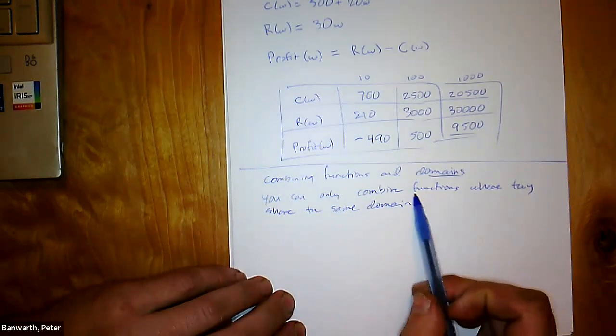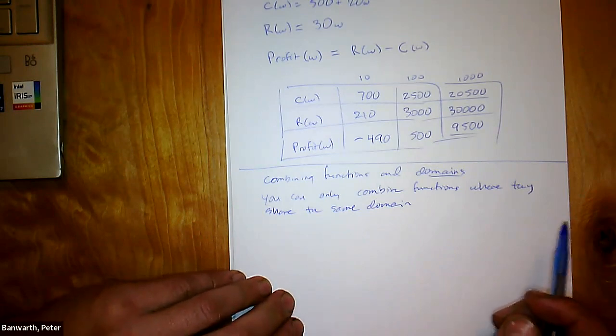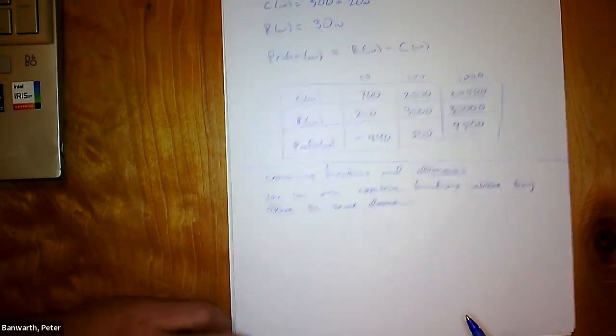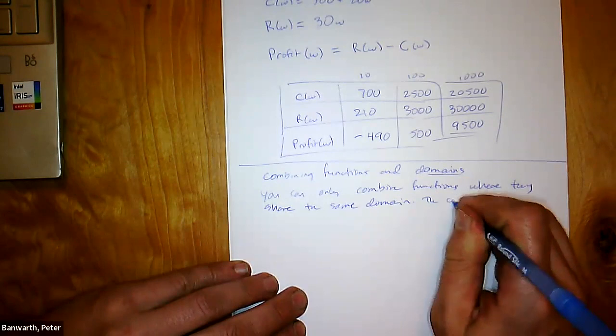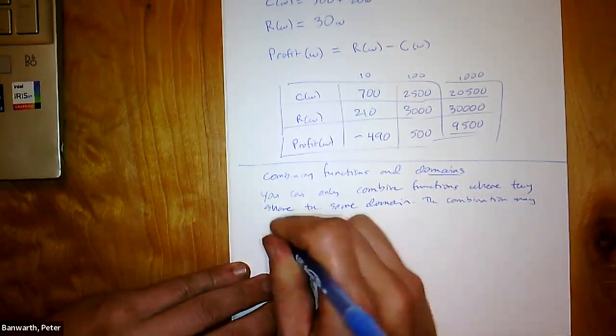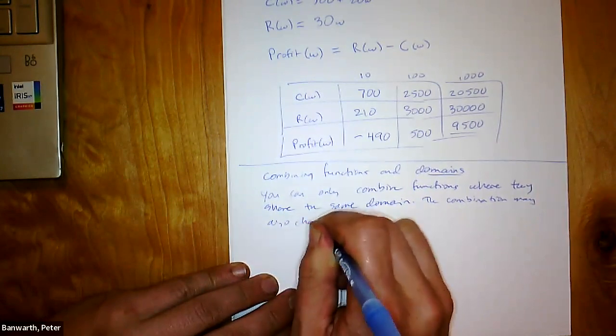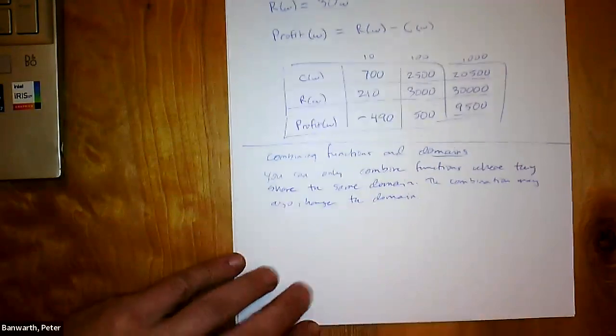Maybe one function has a domain that's all real numbers, and one function has a domain that's only positive numbers. And when you combine them, you have to take the smaller of the two domains. And the combination may also change the domain. So let's look at an example of that.